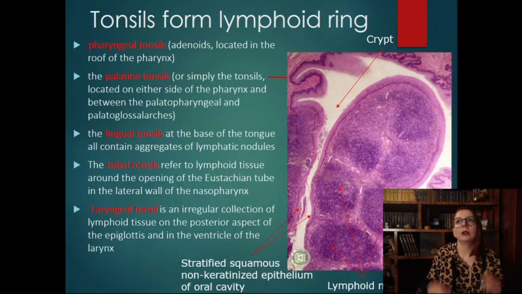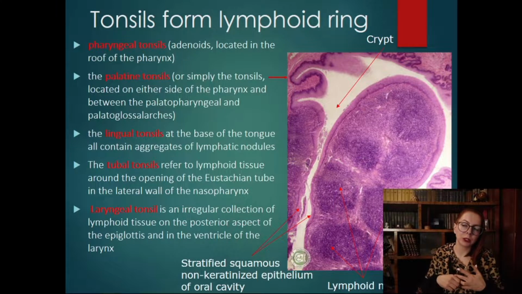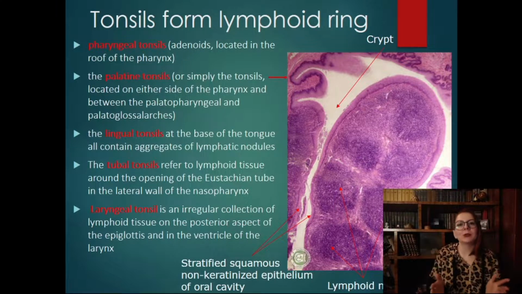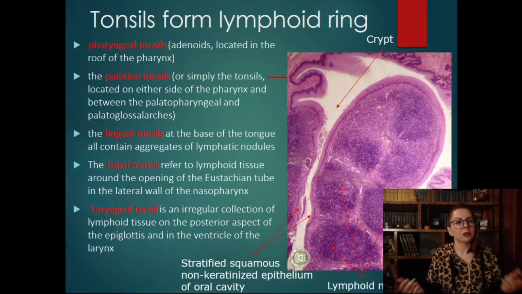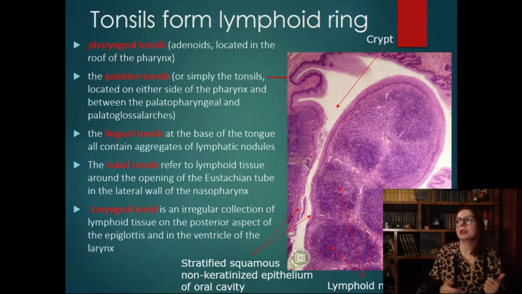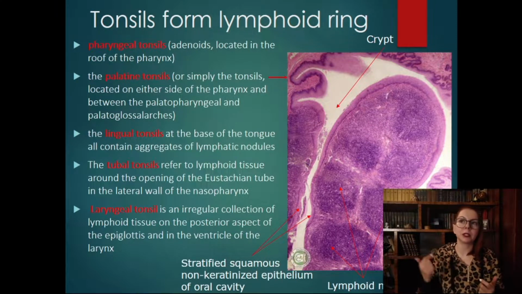That's why you can imagine that lymph nodes and spleen are very important lymphoid organs, but our digestive system is very important for our immunity because it deals with many antigens coming with the food. And when we have the topic digestive system, we again return to our immunity and discuss its function as a part of immune system. But now we have to mention that in our oral cavity there is a lymphoid ring.